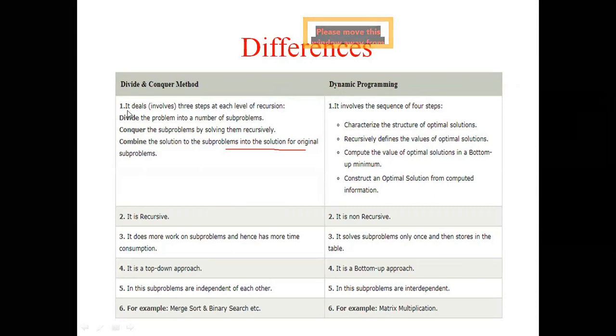In the first point, the divide and conquer method involves 3 steps at each level of recursion: divide, conquer, combine.